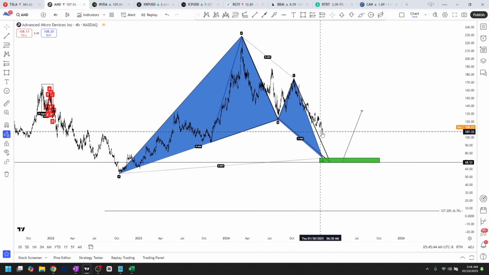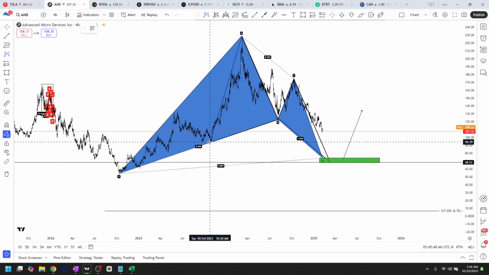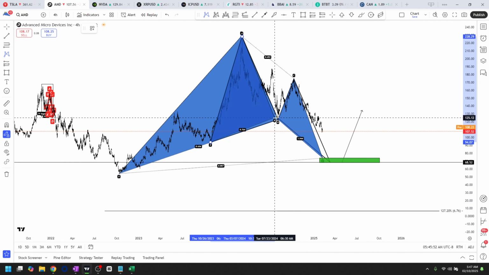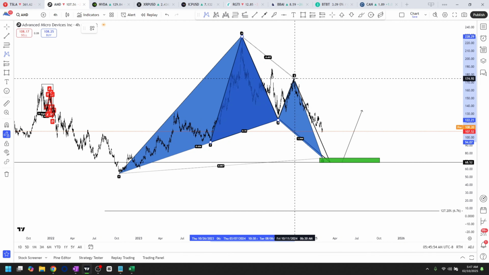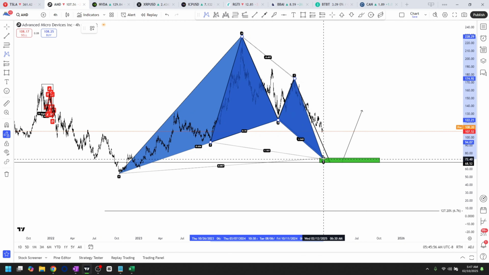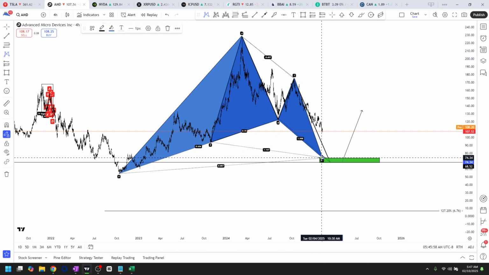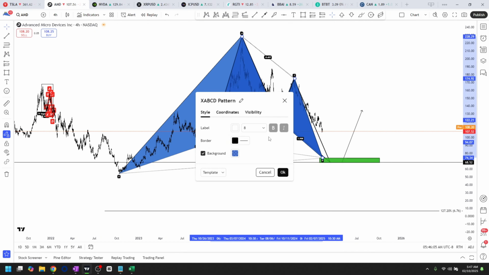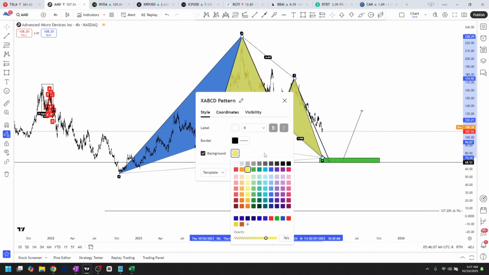The butterfly inside. I wonder what color I can give them so you can see them both together. Oops. He's probably not going to let me now. Let's see. That works. Okay, good.